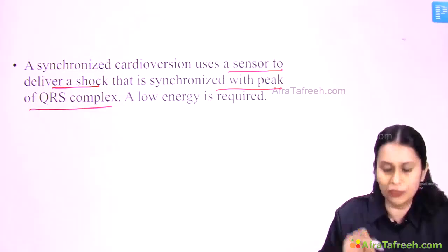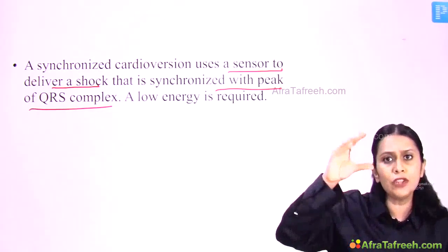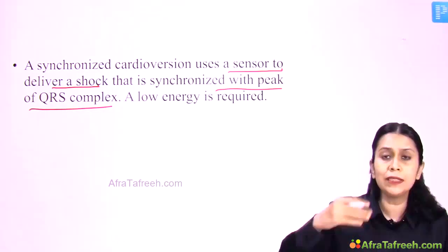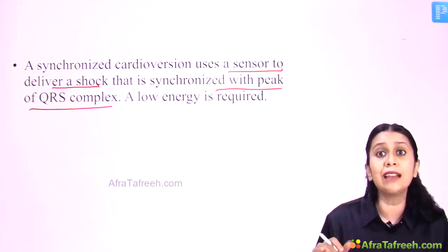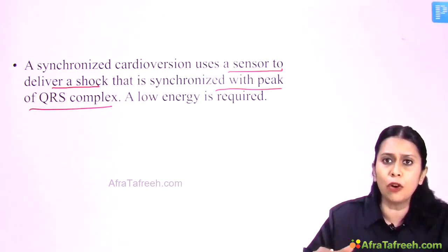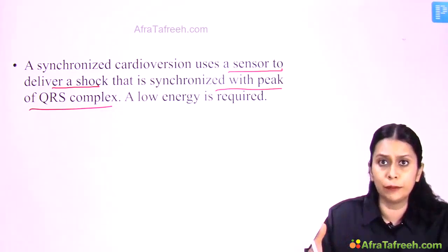Why? Because we don't want to deliver the shock during cardiac repolarization, which is seen on the surface ECG as the T wave. Because if I give a shock during the T wave, there is a chance that the patient can go into ventricular fibrillation.